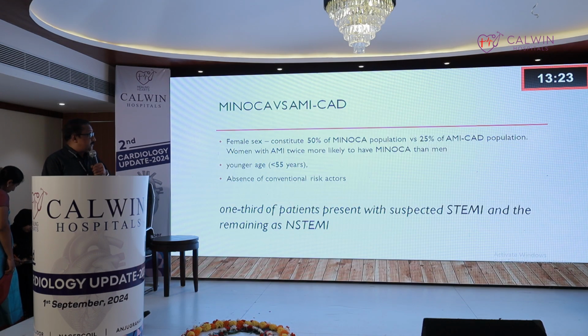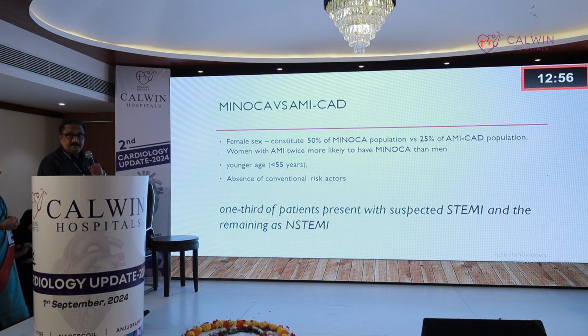Some of the features of MI with normal coronaries versus obstructive coronary artery disease: it's more prominent in female sex. They constitute about 50% of the MINOCA population versus 25% of the obstructive coronary artery disease population. Women presenting with acute MI are twice as likely to have normal coronaries as men.